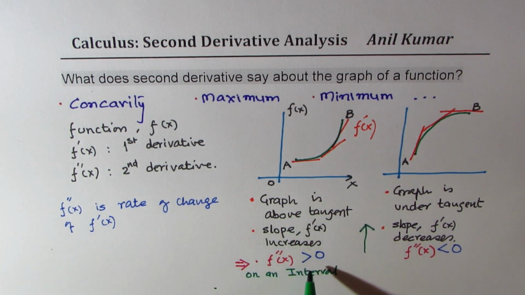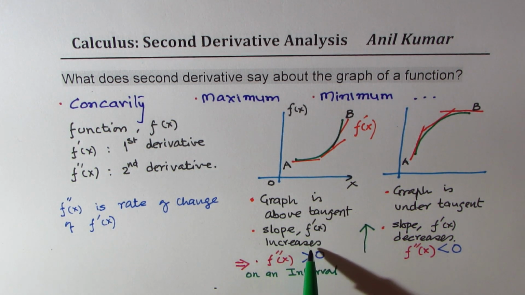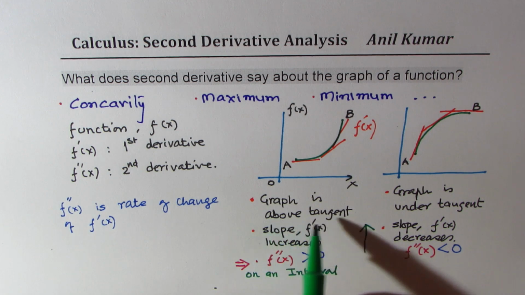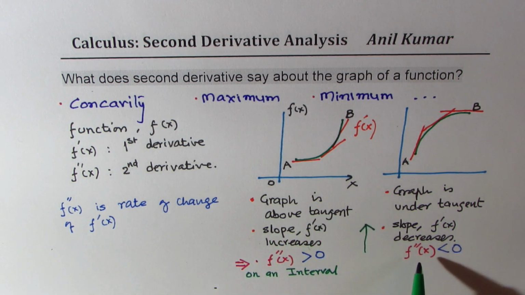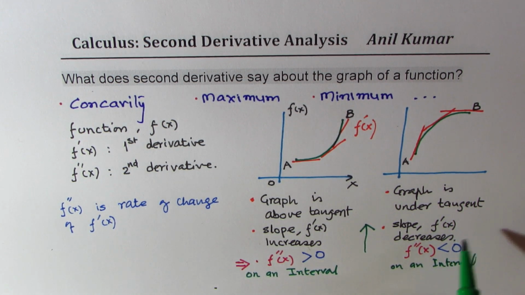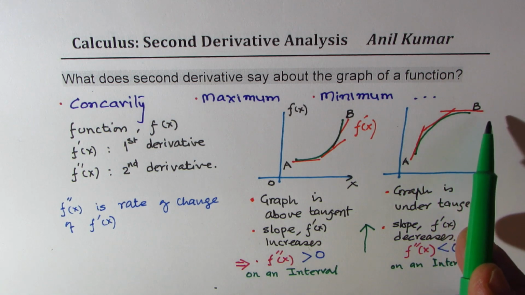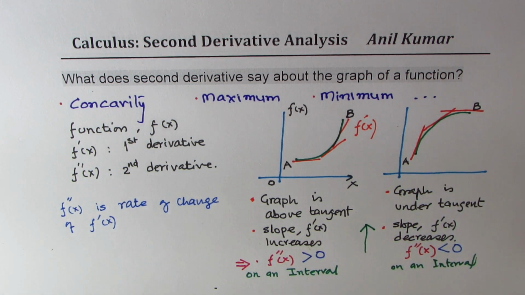So if the second derivative is positive on an interval, the slope of the function, that means the first derivative, increases and the graph is always above the tangent line. And if the second derivative is less than 0 on an interval, in that case, what happens? The first derivative is decreasing and the graph is under the tangent line.